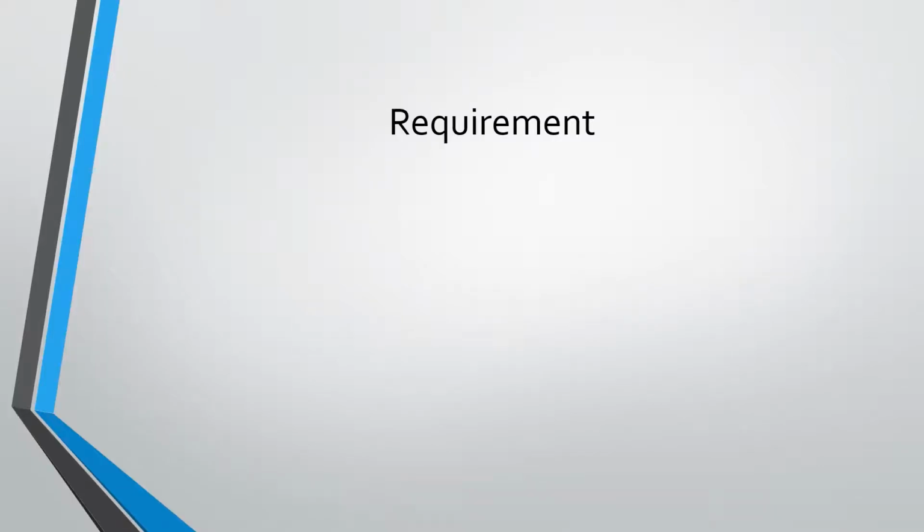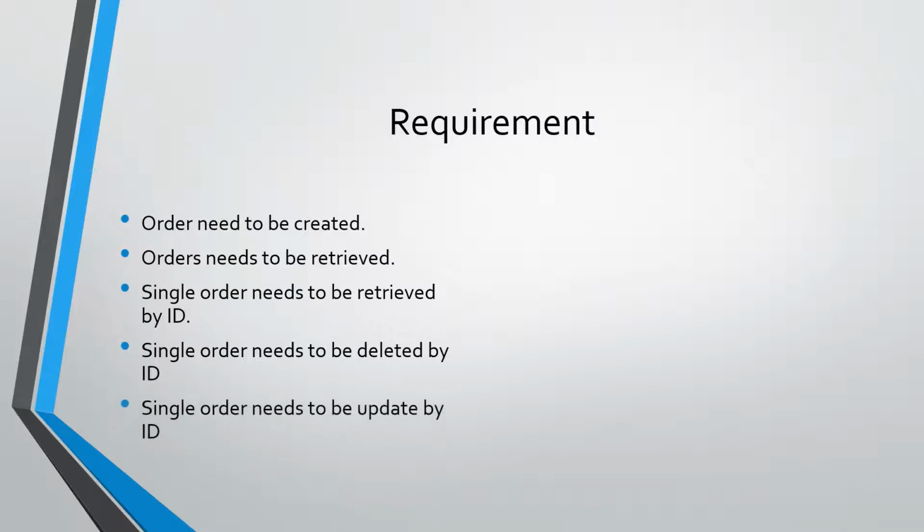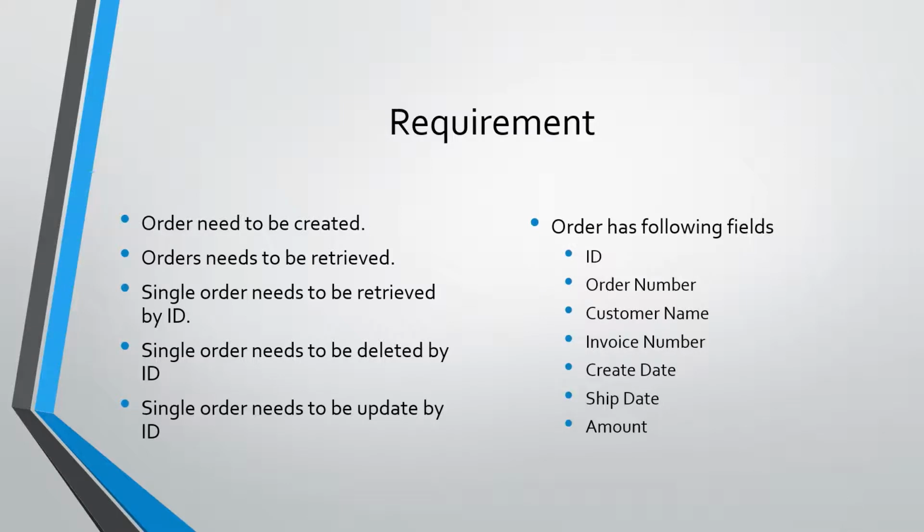We found the following information during the requirement phase. An order needs to be created, orders need to be retrieved, a single order needs to be retrieved by ID, a single order needs to be deleted by ID, a single order needs to be updated by ID, and an order has the following fields.